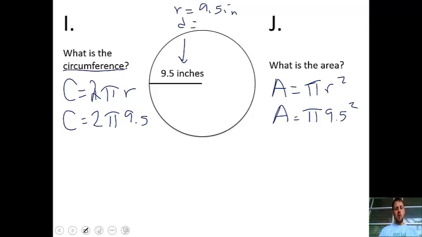Now I'm not sure if your Google calculator has the exponent feature, so what you could do is rewrite it as pi times 9.5 times 9.5. Alright? Go ahead and try both of these in your calculator. Ready, set, go.